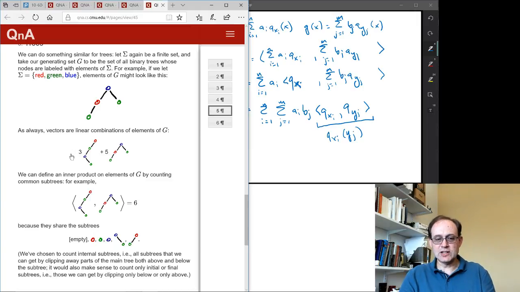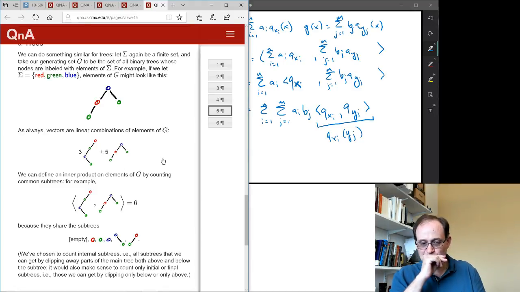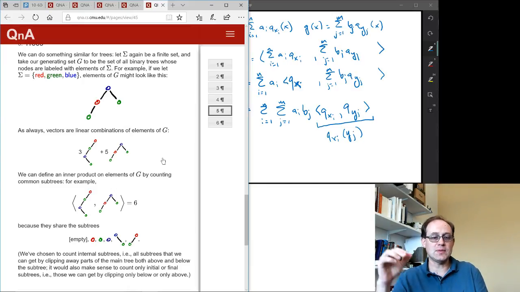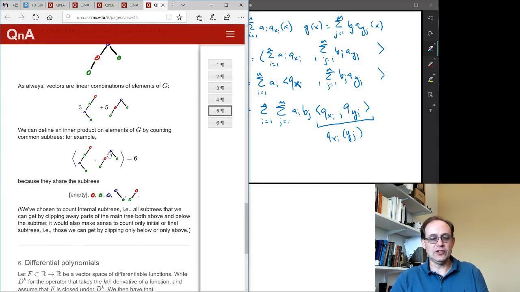A vector is a linear combination of elements of our generating set, so 3 times that labeled tree plus 5 times this labeled tree. Just like we defined an inner product on strings by counting common substrings, we can define an inner product on trees by counting common subtrees. For example, these two trees share these 6 subtrees.